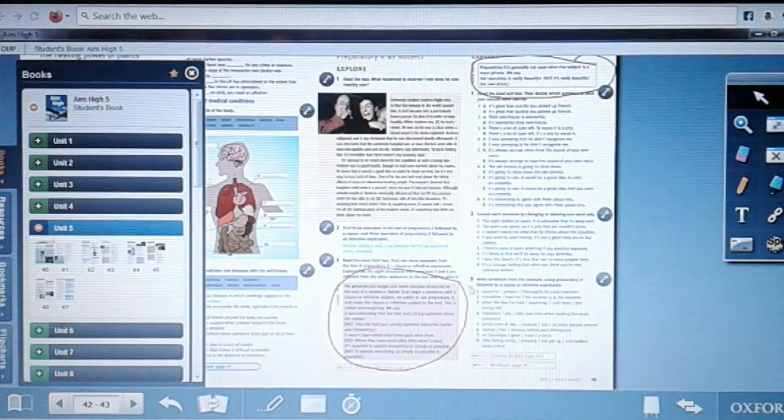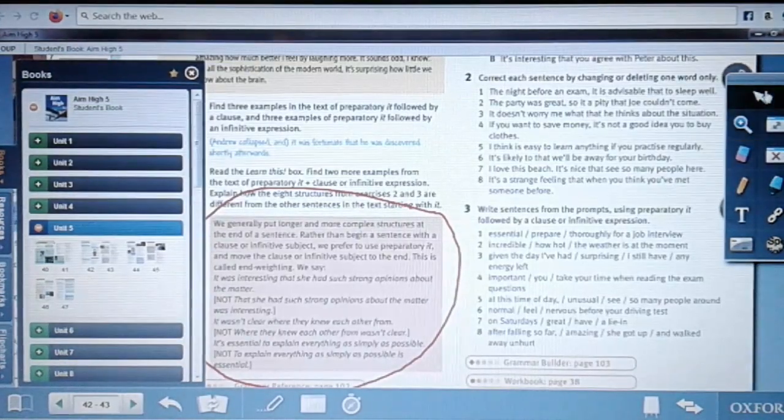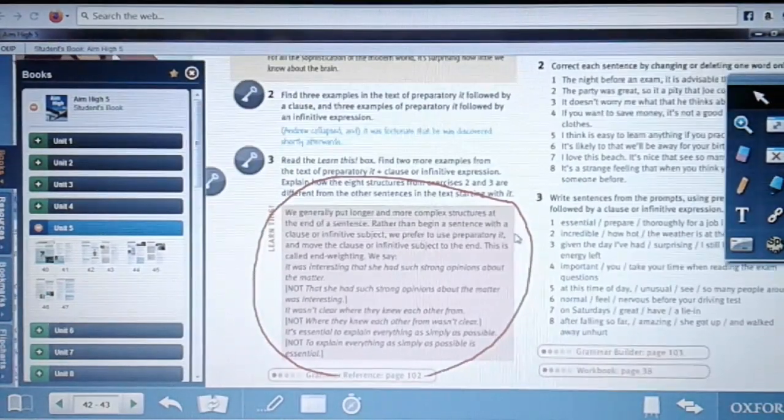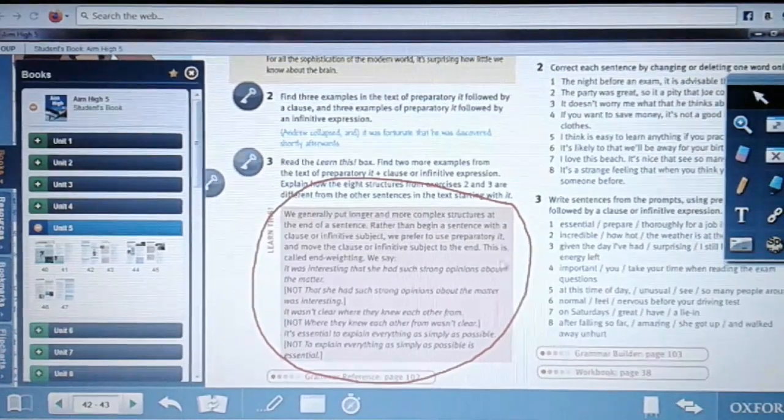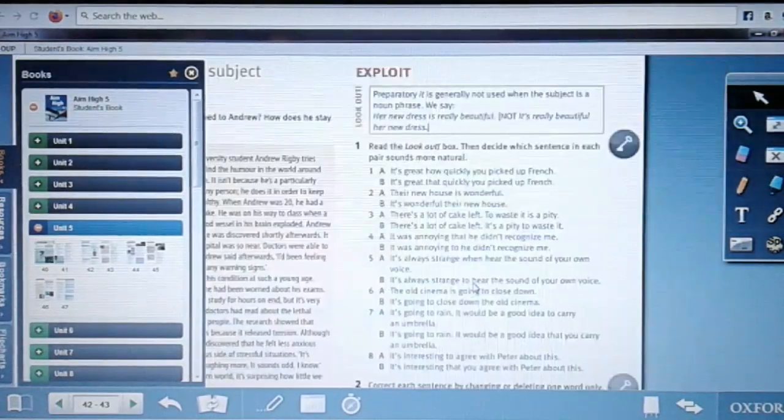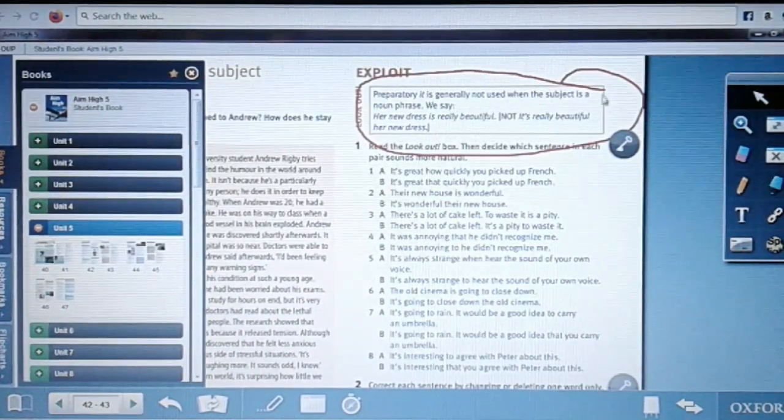And you can check out the learn this box right here. Is it too small? Okay, I'll zoom in right here. Take a look at the content of learn this box and also look out box.